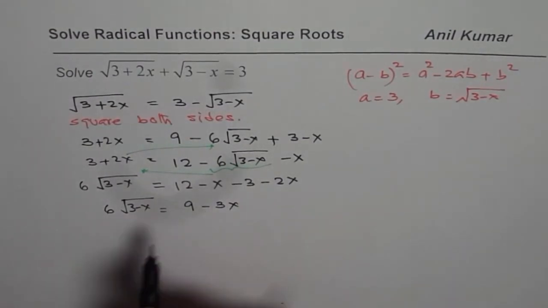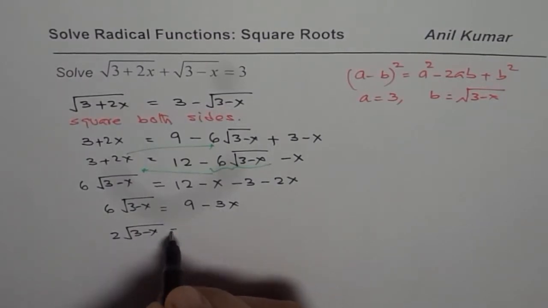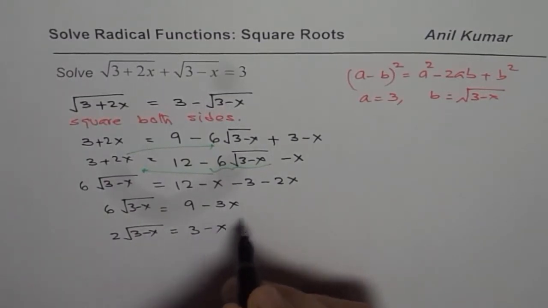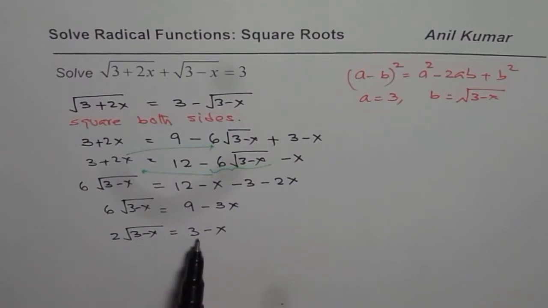You could divide by 3, so we get 3 minus x equals 2 square root of 3 minus x. Now we can actually square both sides, correct? You could also solve it by factoring, or we could square and then solve. We could do it either way.